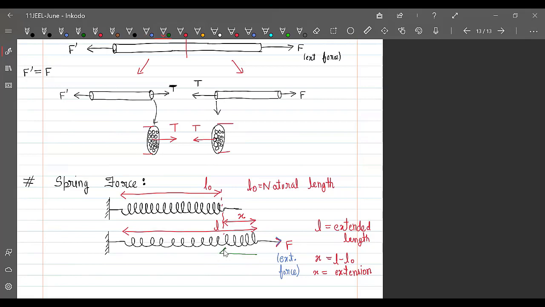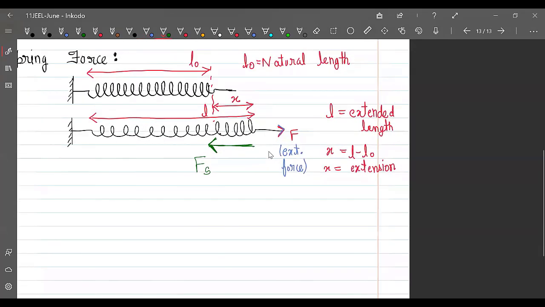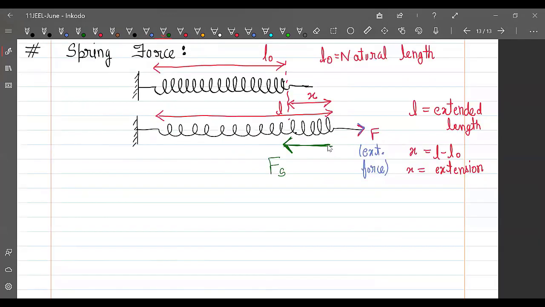This is called the spring force. Because of the external force, there is an internal force in the spring, and that force is called the spring force. Of course, this external force is equal to the spring force.